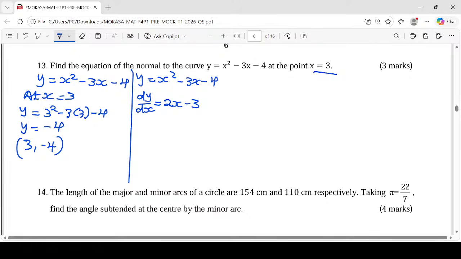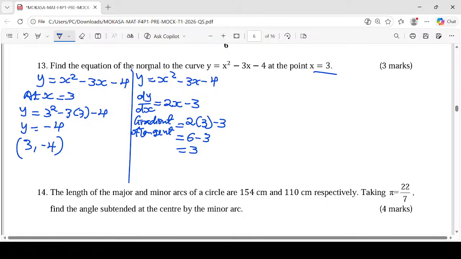After getting our dy dx, let's get the gradient of the tangent. How do you get the gradient of the tangent? You feed the value of x, 3, to the gradient function. So it will be 2 into 3 minus 3, which is 6 minus 3 to give you 3. The gradient of the tangent is 3.